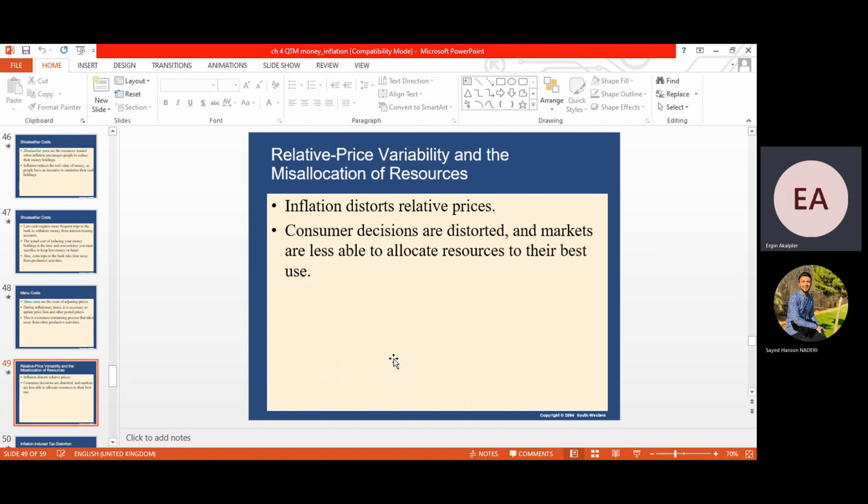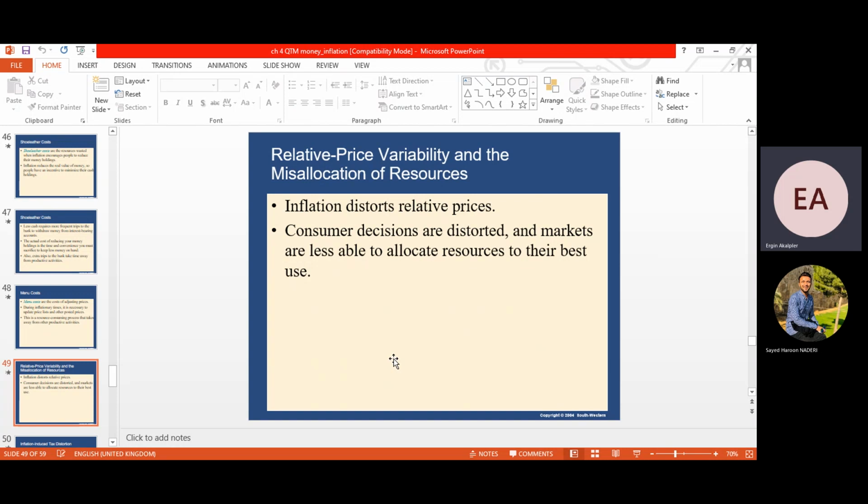Inflation distorts relative prices, as I mentioned to you. Consumer decisions are distorted when inflation is in the market, because they are not able to determine when and how they are going to buy, since inflation continues to reduce their purchasing power.